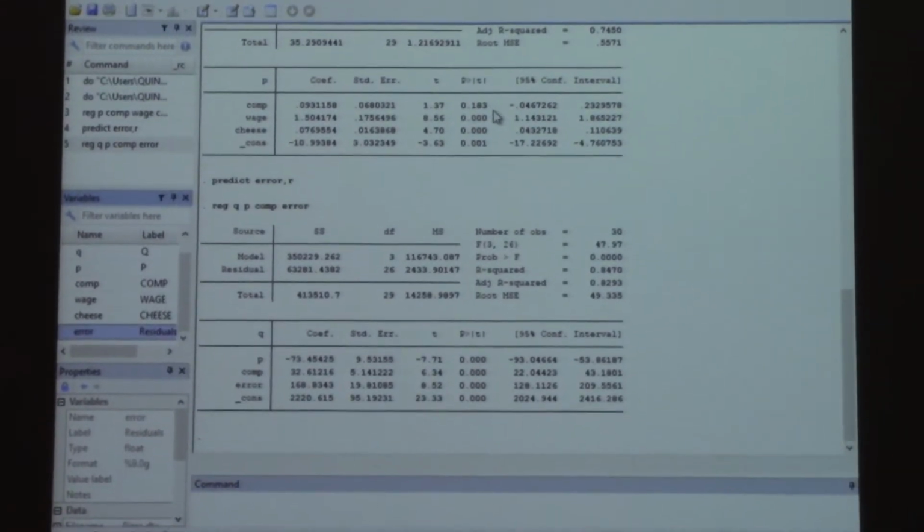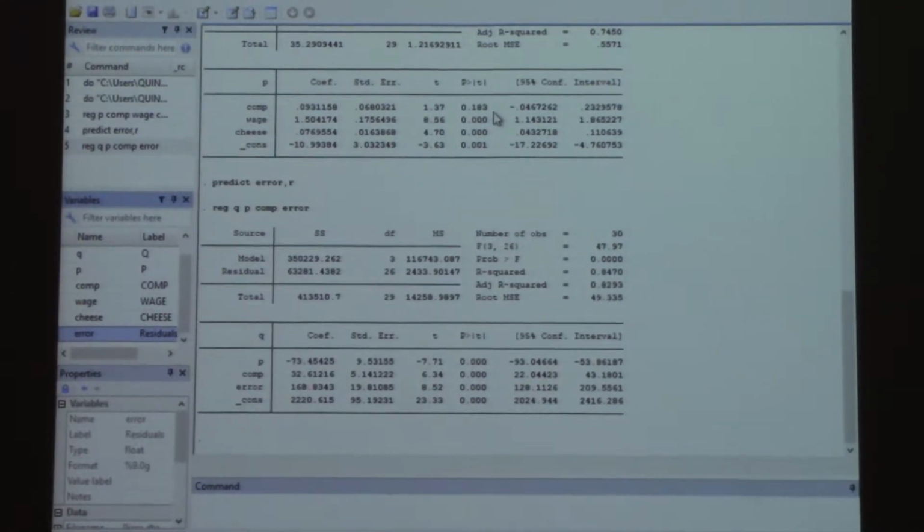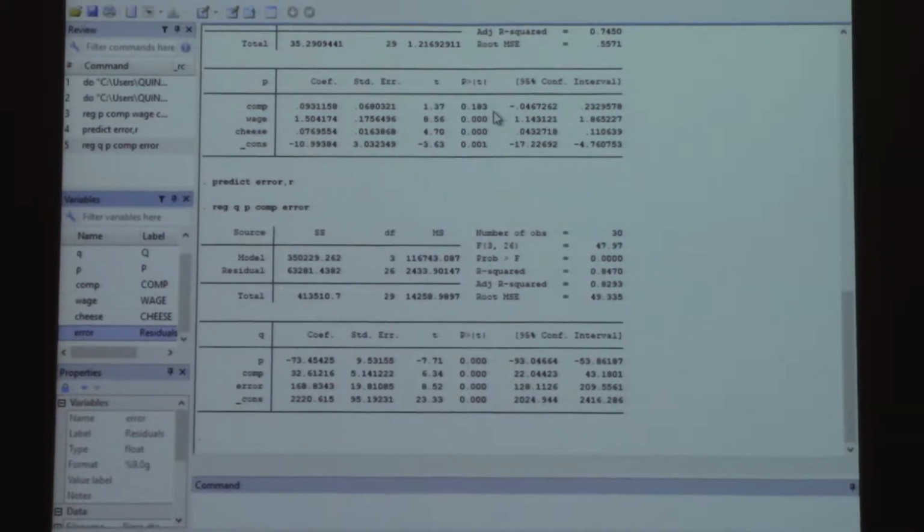Now we actually have an interesting problem here. Remember, our instrument needs to satisfy two things. In this context, it's pretty easy, but it needs to be in the supply equation. That's not in the demand equation. And we have two things that are in the supply equation. We've got the wage and the price of cheese, both of which should affect price, right?